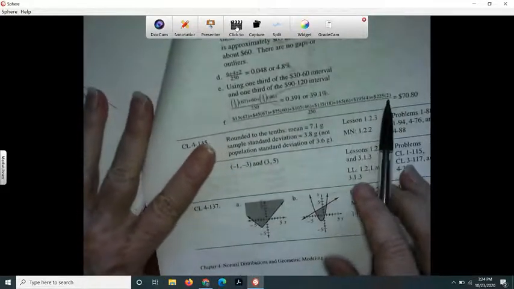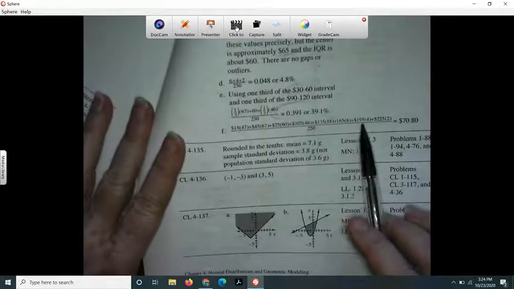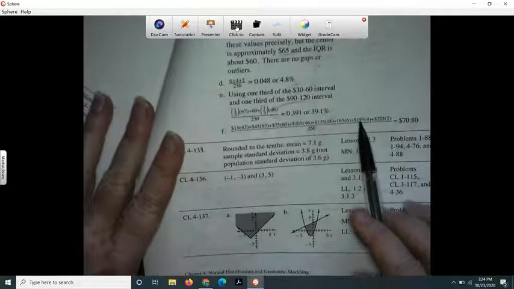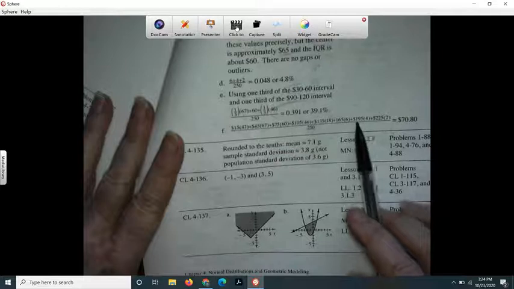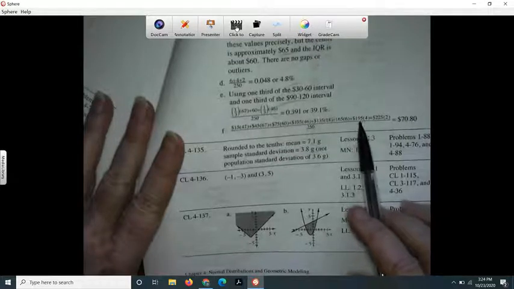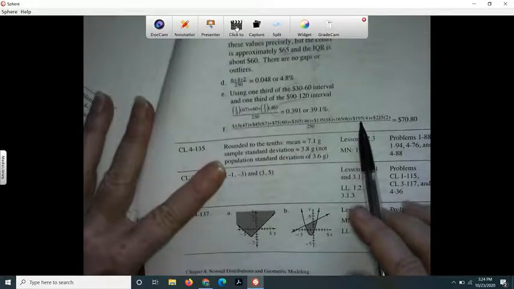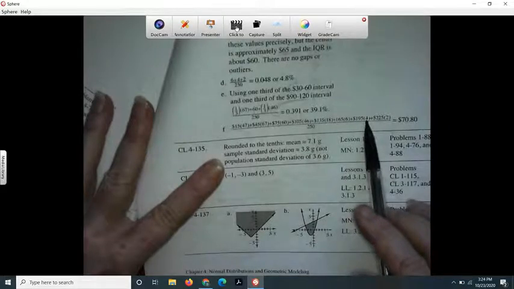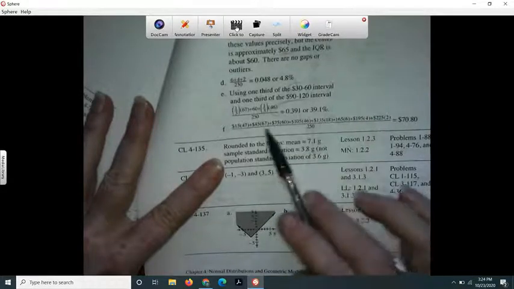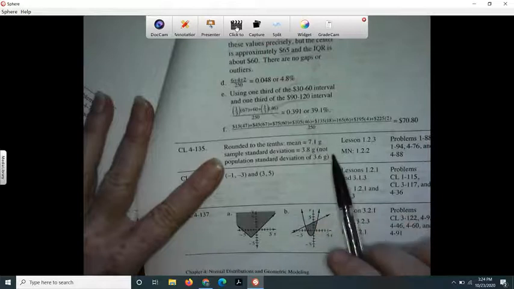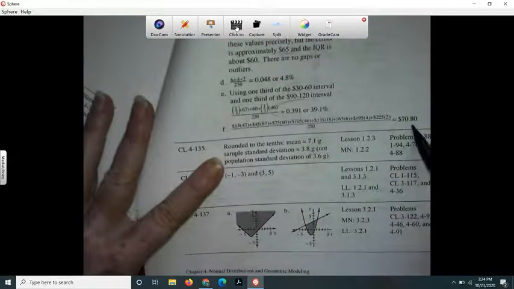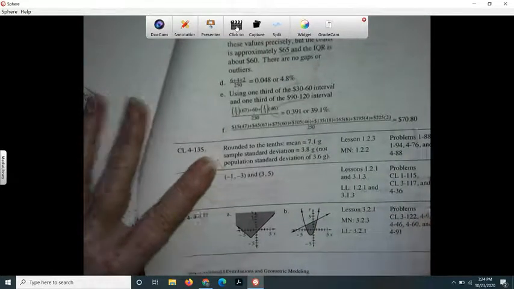So see what they're doing here? So these price numbers come from the intervals, and then these other numbers come from how many shoes were in that interval, and they add them all together and divide them by 250, and they got $70.80 was the mean price.